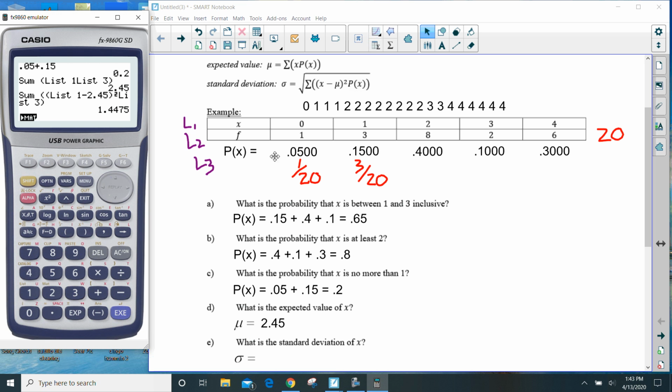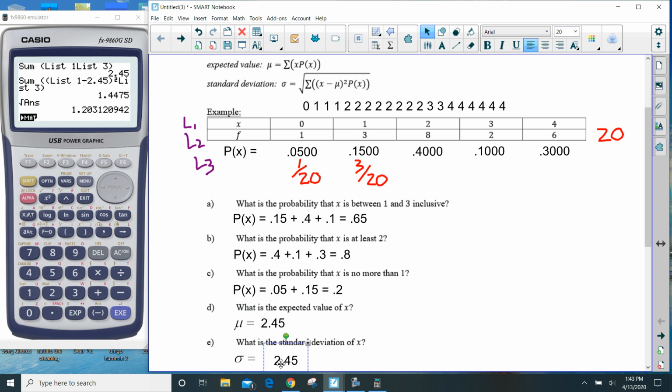Okay, so all I did was walk through this: sum, open, open, list 1 minus mu, which is 2.45, closed, squared, p(x), which is list 3, closed. And so all I have to do is square root this. And booyakasha, that should be your standard deviation. Pretty simple.